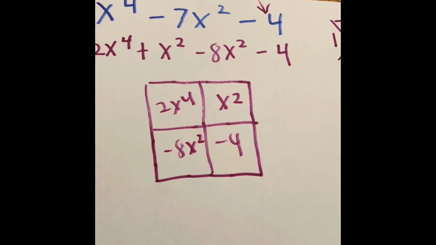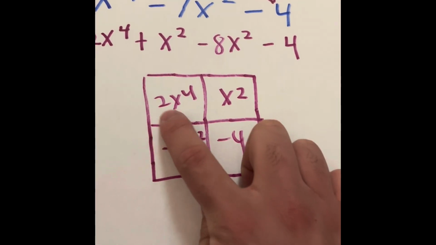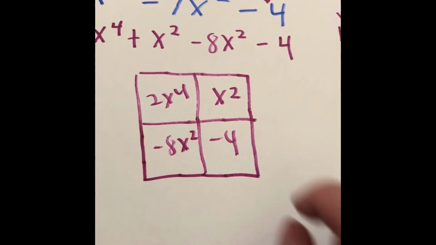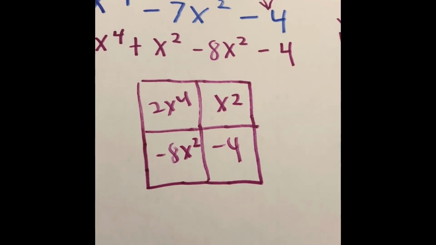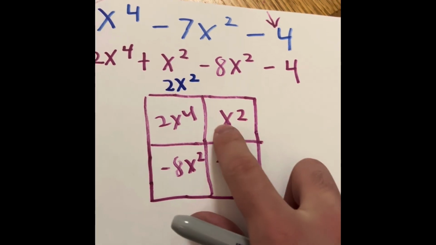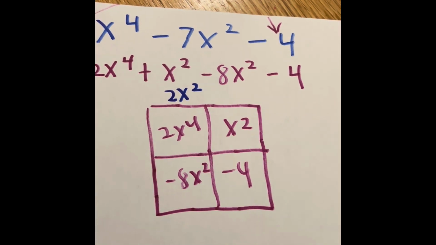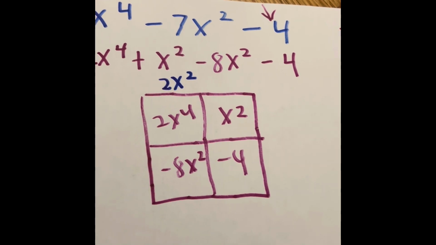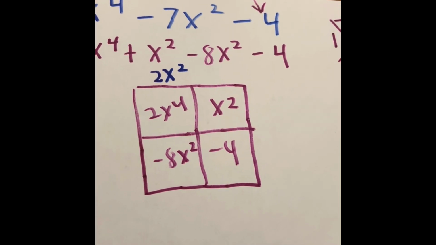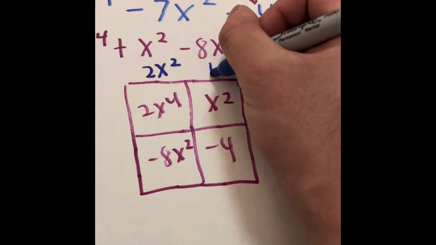What are the common factors of 2x to the power of 4 and negative 8x squared? Yeah, we have 2x squared. For x squared and negative 4, what do we have? Well, you can't really do anything because x is a variable, which we don't know, so we put 1.